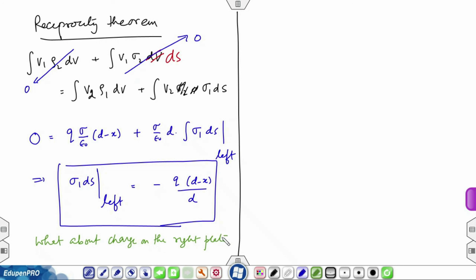For that, I will have to create another situation, and what we will do in this case is, we will take these two plates, and this time I am going to ground the left plate and put a charge sigma here, so that on the surface is minus sigma here, V is 0, and this time V2 of x is going to be sigma over epsilon 0 times x, because the field is going to the left.